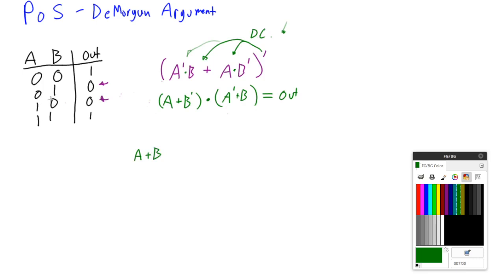So each individual term is ORed together, and we need to invert our 1 inputs. Any of the inputs that are 1s, we need to invert. So we invert this one, and then we put parentheses around it.